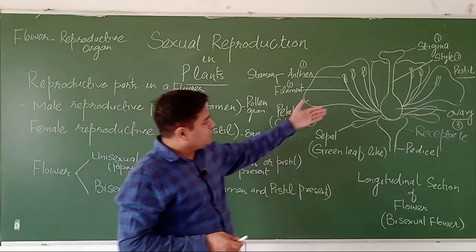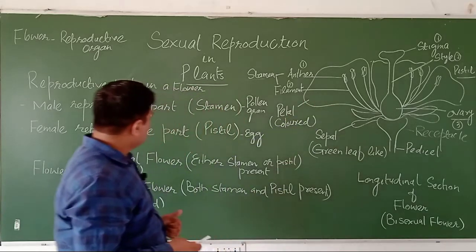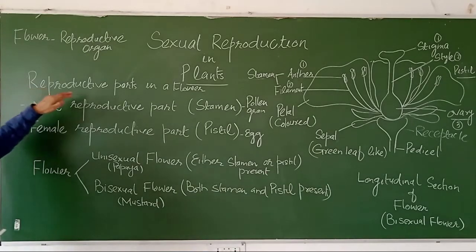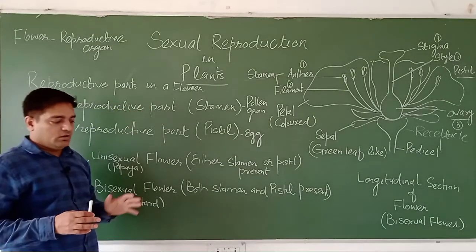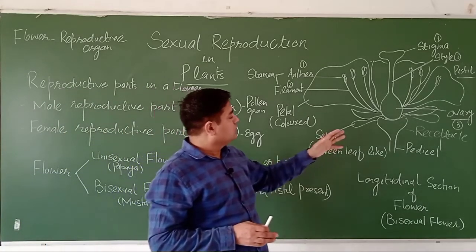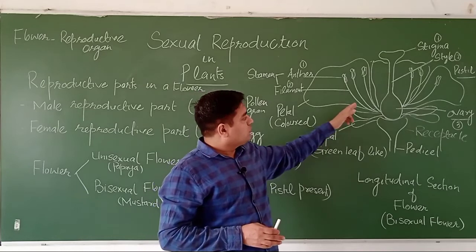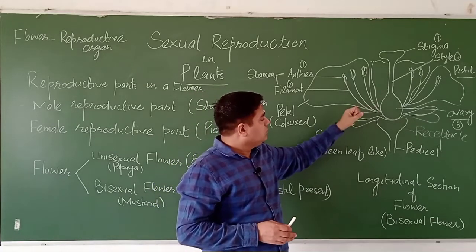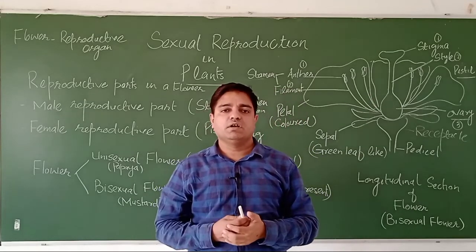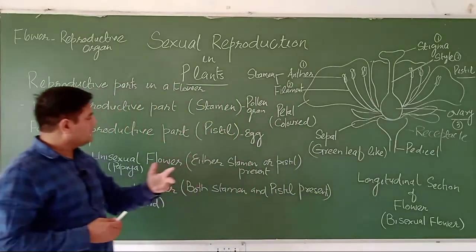So this is all about the flower. Now I will define the reproductive parts in a flower. I have told you that there are two main reproductive parts in flowers, male and female.